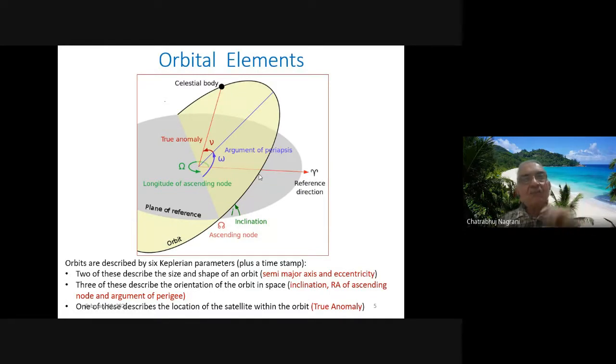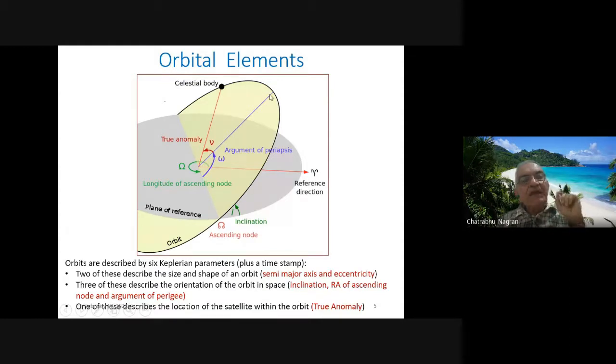Once I put my orbit in that plane, now I want to know another thing. I can rotate my orbit in the plane which I have defined; I can rotate it any way. So where it will be rotated, for that I have defined the argument of perigee.